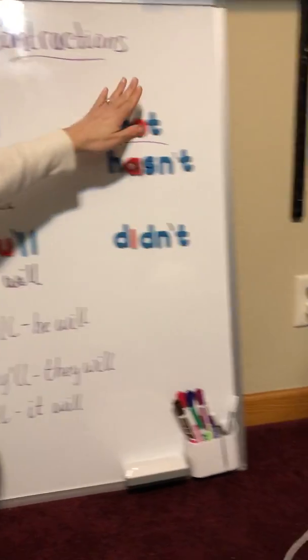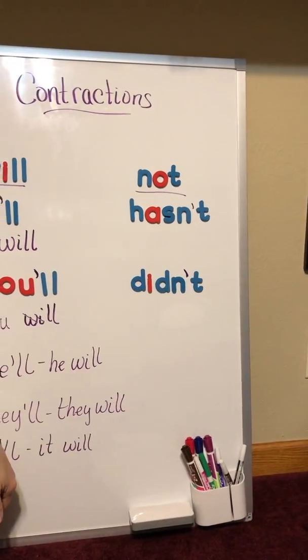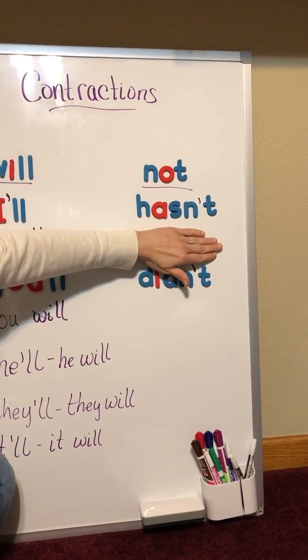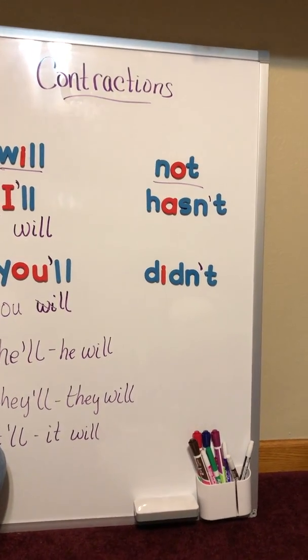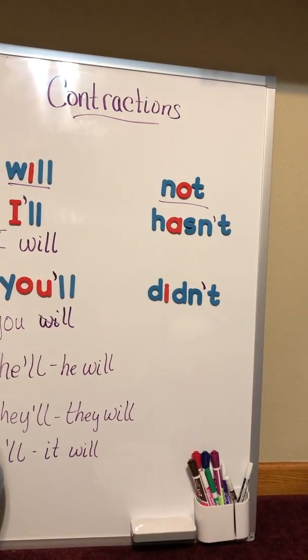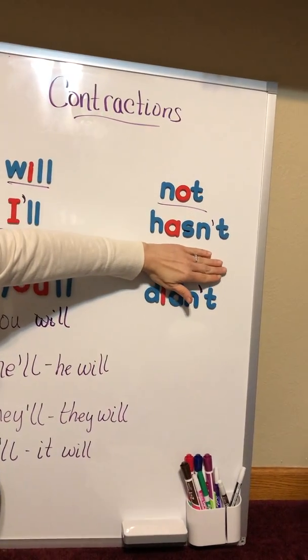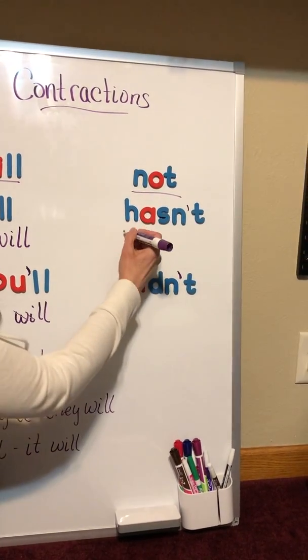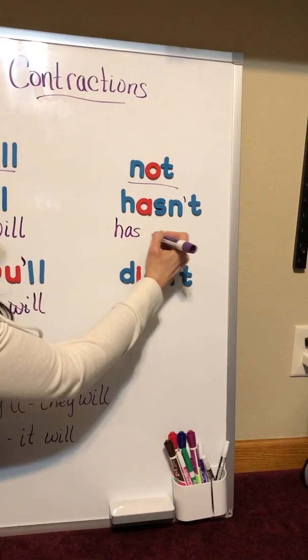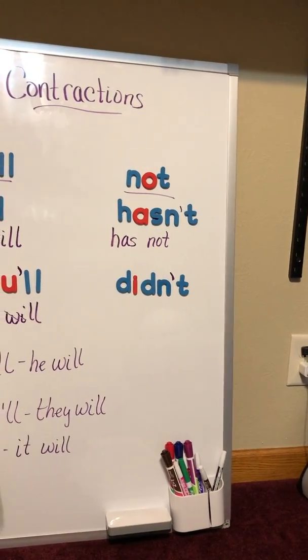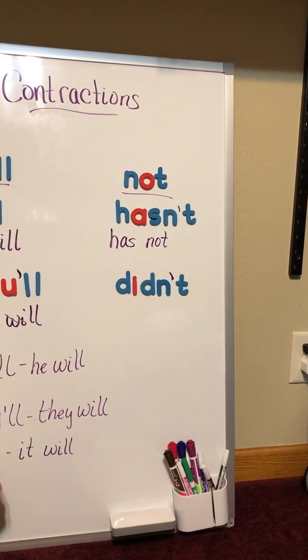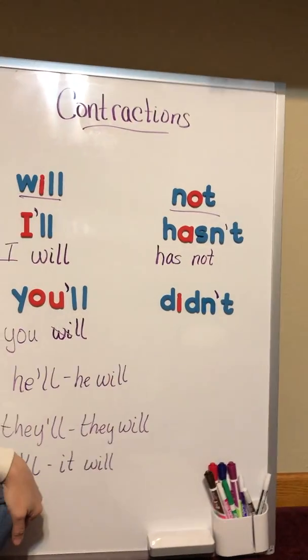All right, now we're going to move to the contractions using not. And here's an example of hasn't. And I saw a lot of that in the comments that you guys sent me yesterday for contractions. So great job with that. Hasn't is a contraction for has not. We can say Eliana did not or has not finished her homework, or we can say Eliana hasn't finished her homework.